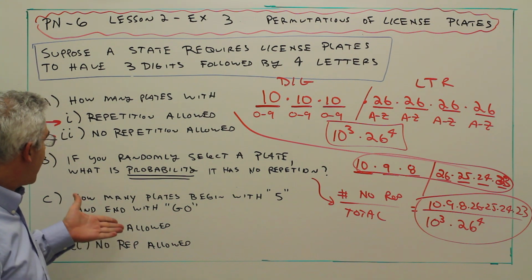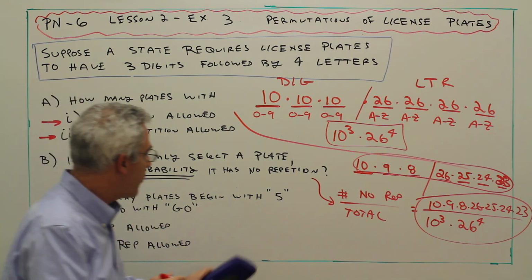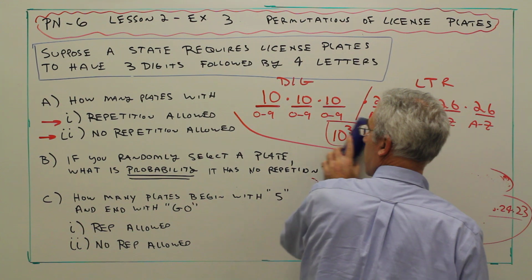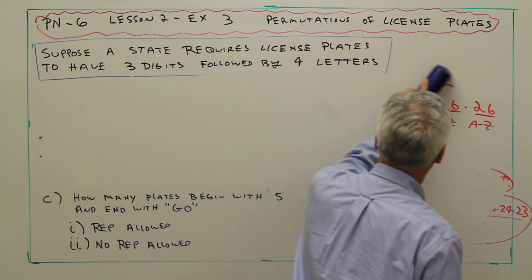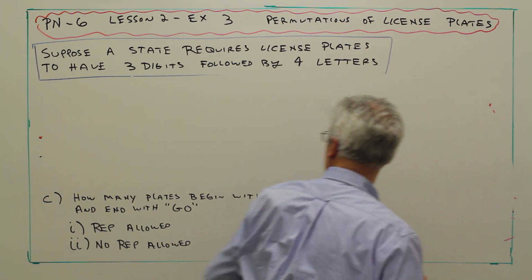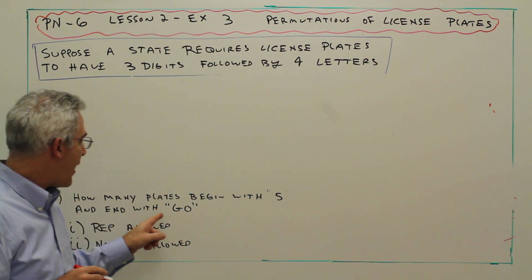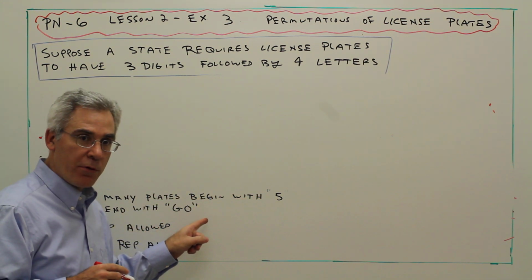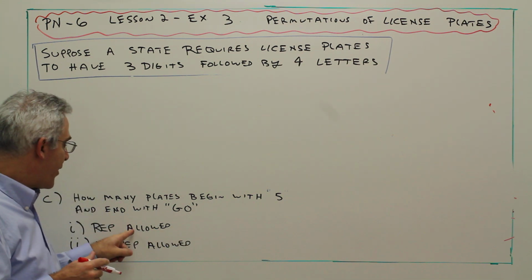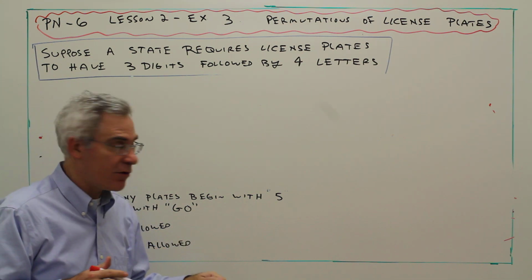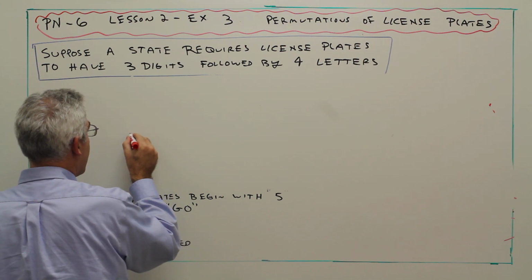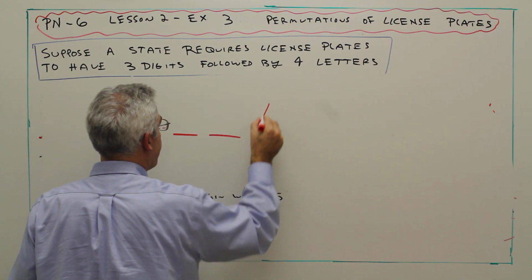Okay, and then finally, let me erase this work here. How many plates begin with the digit 5 and end with the letters GO, my initials, with repetition allowed and without repetition allowed? Okay, let's set it up again.